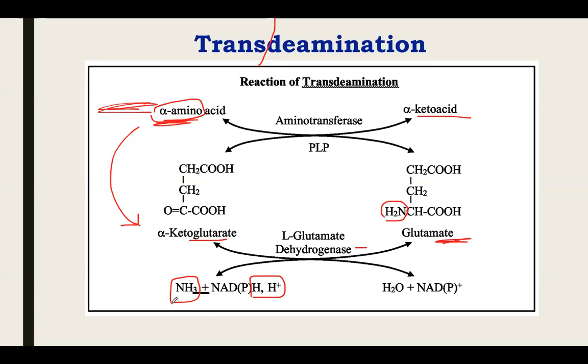This is actually two reactions. The first is transamination. The second is oxidative deamination. The above reaction is exchange of the amino group, called aminotransferase or transaminase. The lower reaction is glutamate dehydrogenase, oxidation and deamination.